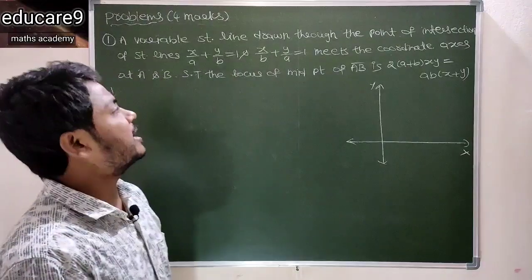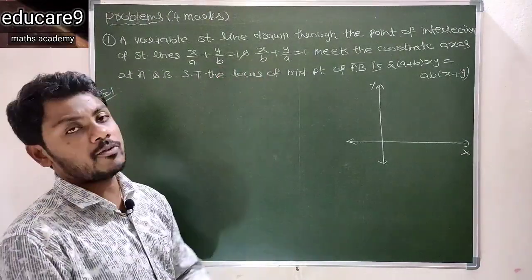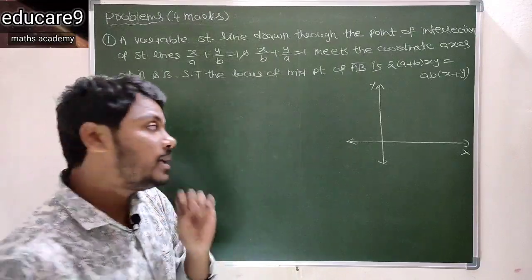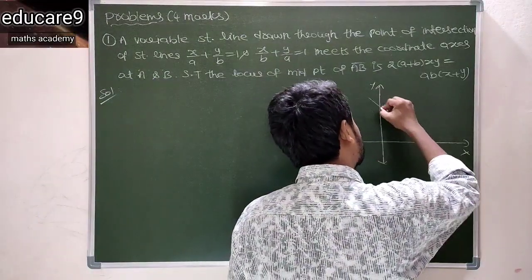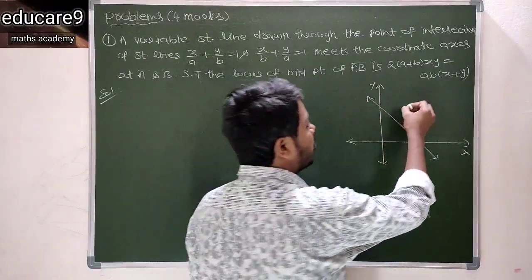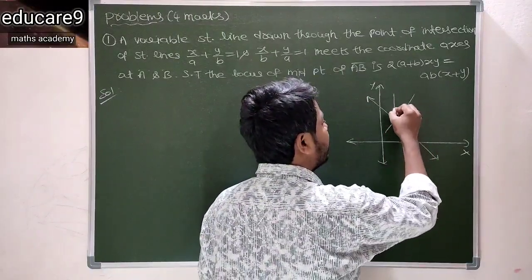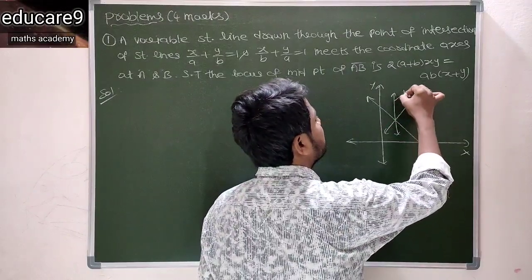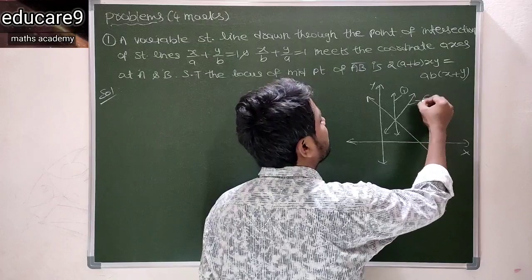The required straight line passes through the point of intersection of two lines and meets the coordinate axis at A and B. Suppose this is the required straight line, passing through the point of intersection of the two lines. This is equation 1 and this is equation 2.